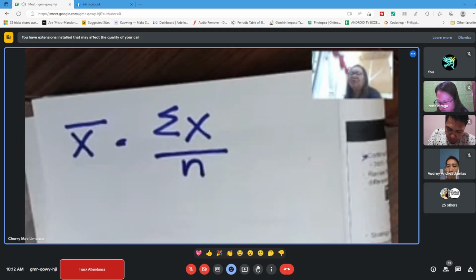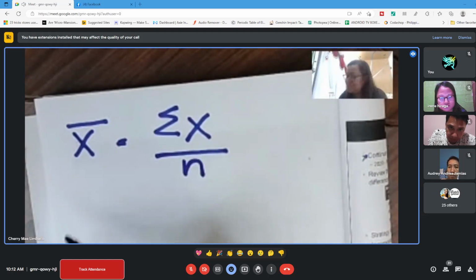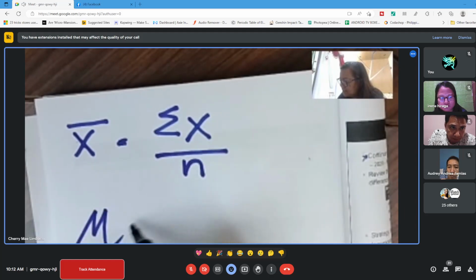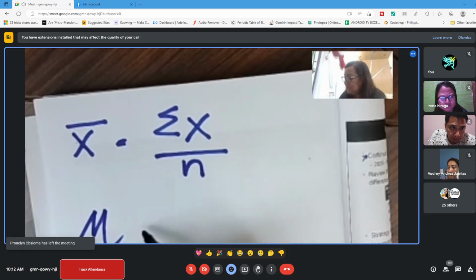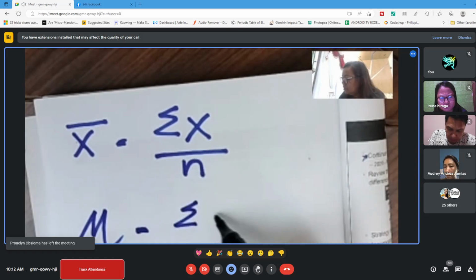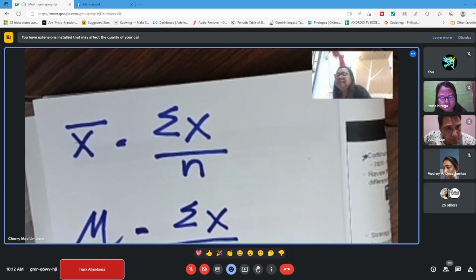Sum of x over n. Sometimes, mean is also represented by this, which looks like the letter M. They are the same. Sum of x over n.